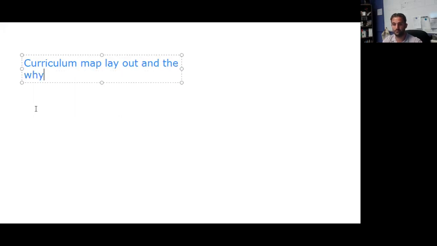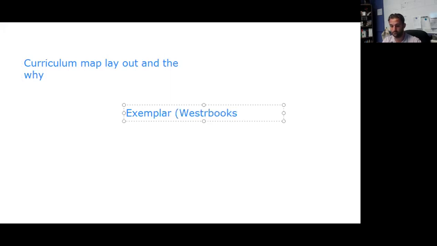So, big takeaways here. I will now share our white screen. So our takeaways are curriculum map, and the why, the exemplar, Westbrooks, is located right in Google Classroom and push turned in.